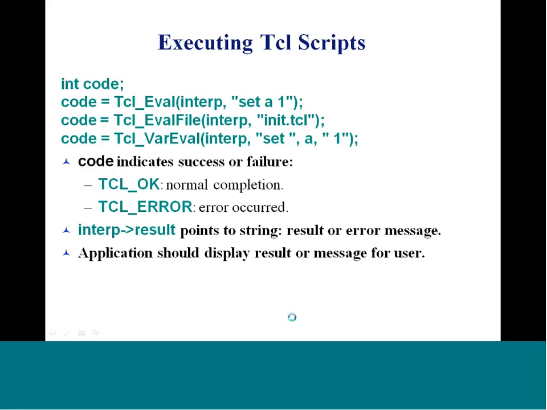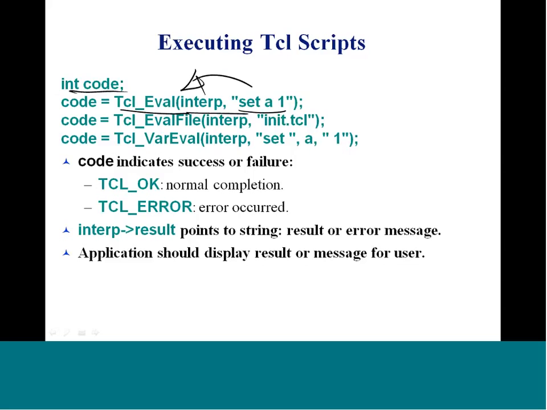So now, how do we execute Tcl scripts essentially? Here we have this variable declared, and then we can use Tcl_Eval with interp and set a equal to 1. This is one way to execute a Tcl script.